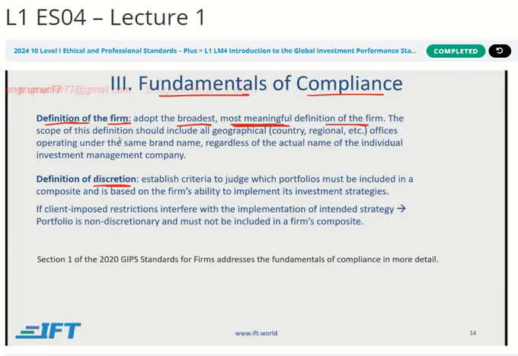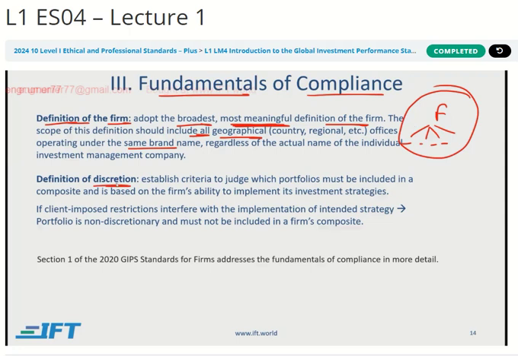The scope of this definition should include all geographical offices operating under the same brand name, regardless of the actual name of the individual investment management company. So the key point is that we need to include the most broad possible definition of the firm. If we have a given firm with 2-3 branches, but they're all following the same process and strategy, then this needs to be defined as one firm.